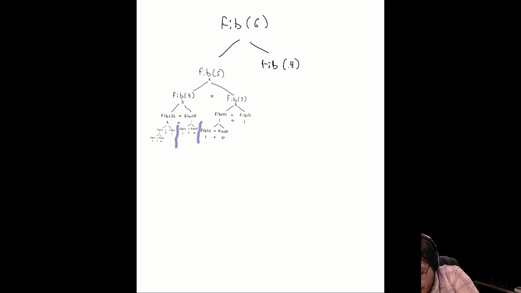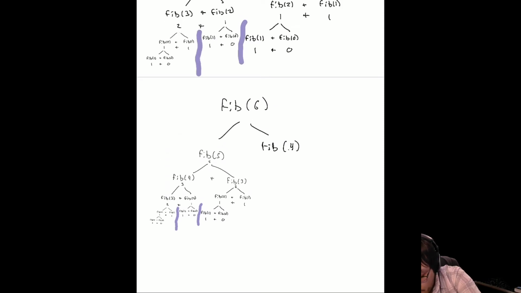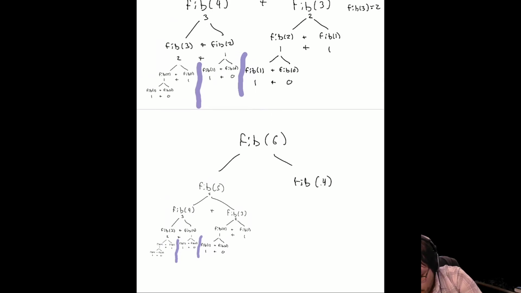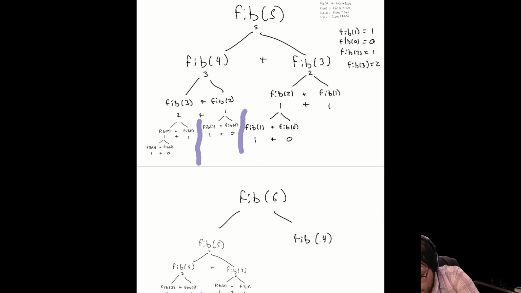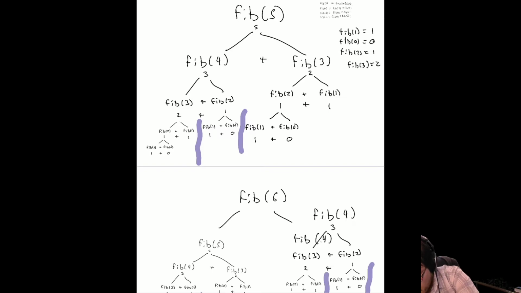And then you also have actually Fibonacci 4 already computed as well. Let me just make this tree a little bit wider. Like that. Fibonacci 4 is actually this chunk here. This thing is glitching out.